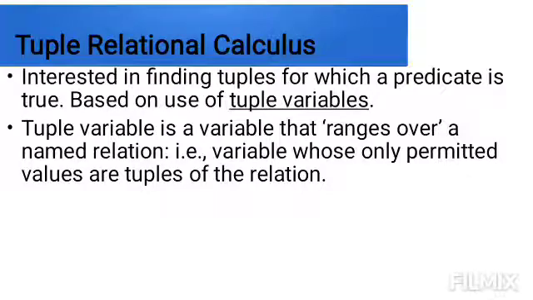In the tuple relational calculus, we are interested in finding tuples for which a predicate is true. This calculus is based on the use of tuple variables. A tuple variable is a variable that ranges over a named relation, that is, a variable whose only permitted values are tuples of the relation.